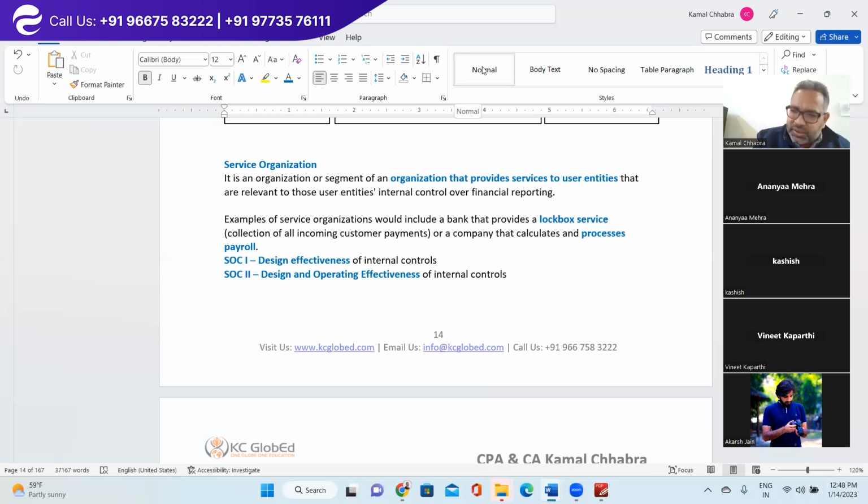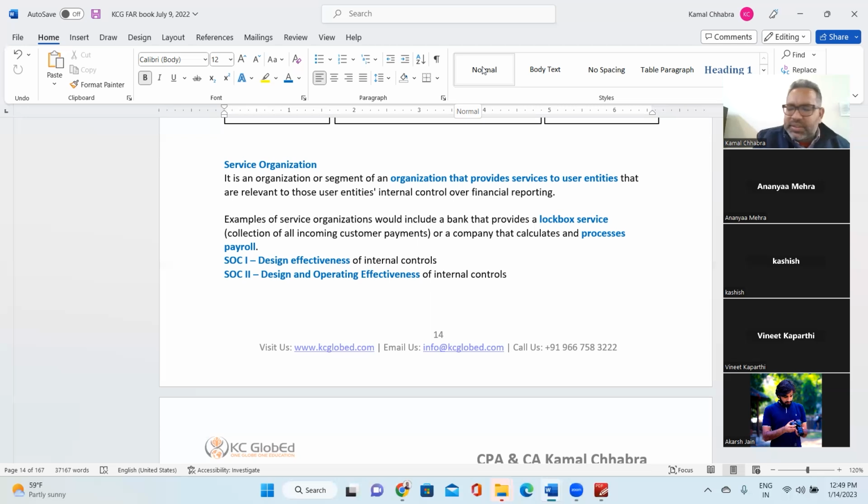But from the early 2000s till date, you have seen a shift of outsourcing service organization work also to these countries. The basic reason, as we discussed, is cost arbitrage.